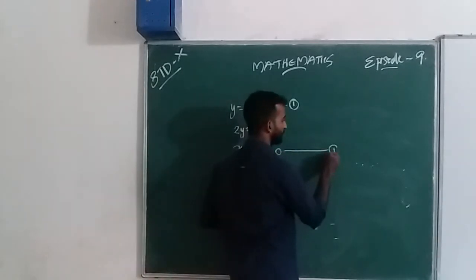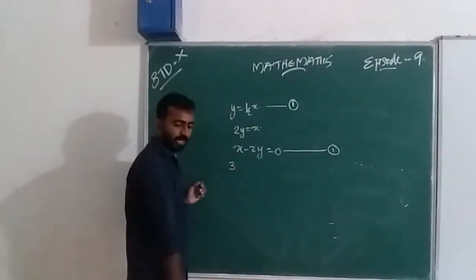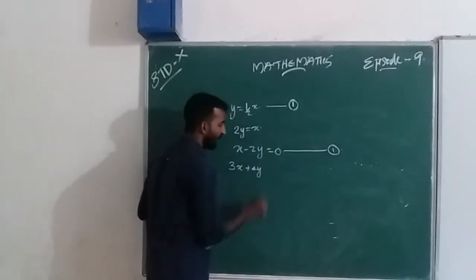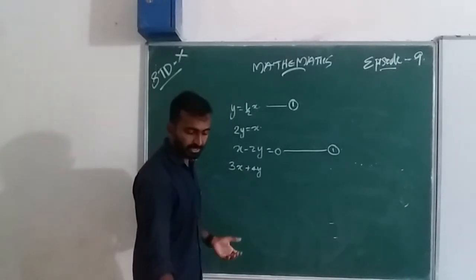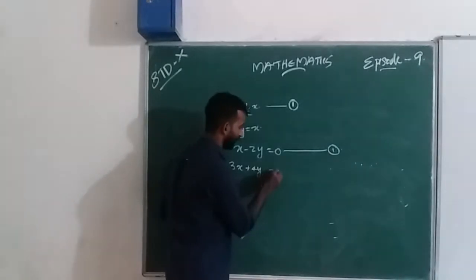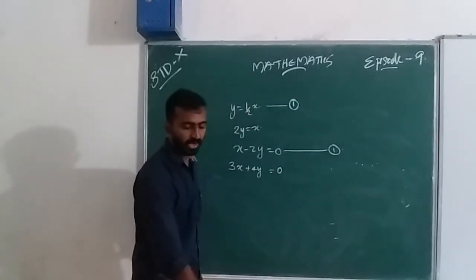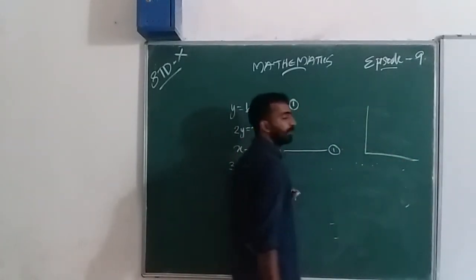And the second one is 3x plus 4y. From our first section, 3.1, we get the equation 3x plus 4y equal to 20. We already studied the graph in previous classes.